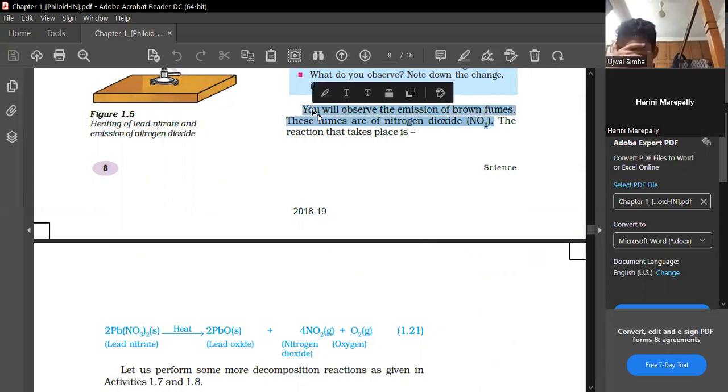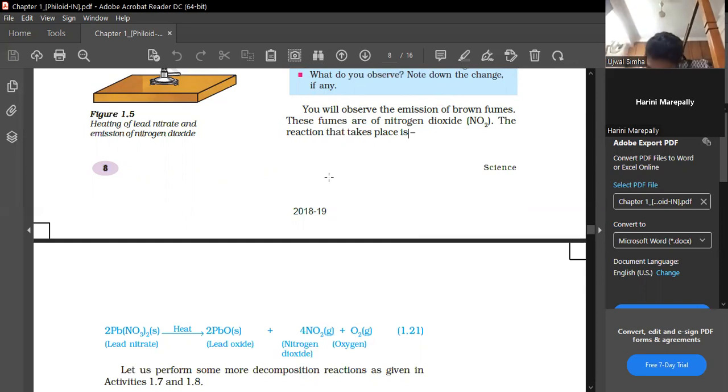By heating lead nitrate, we'll be getting lead oxide plus brown fumes of nitrogen dioxide along with oxygen gas. So NO2 is the brown color fumes it will produce. That you have to remember. These are the small things. When you study each and every line in the textbook, only then can you attempt the questions.